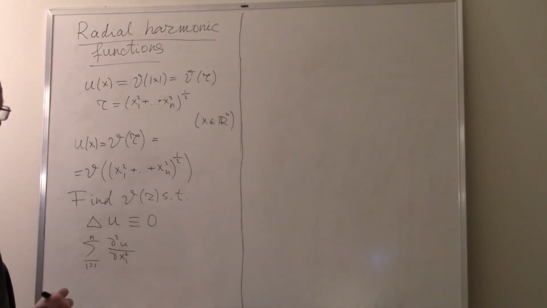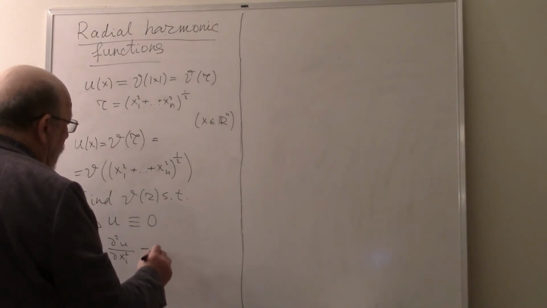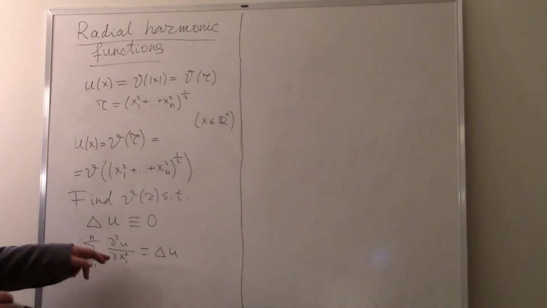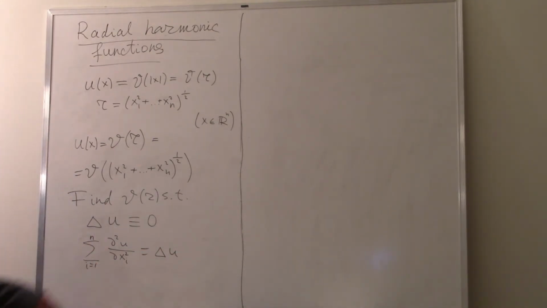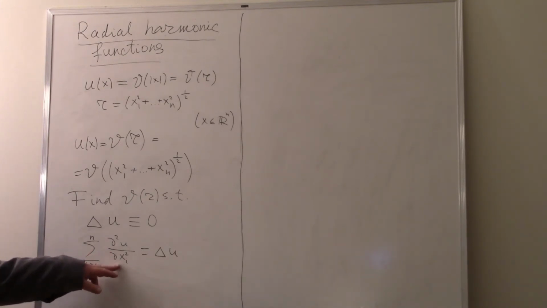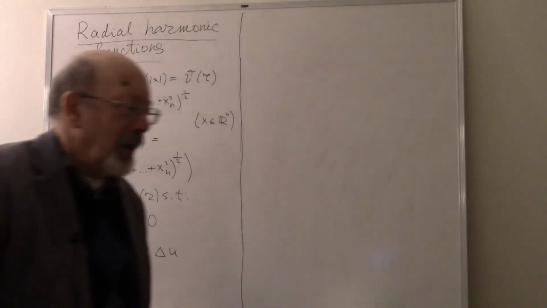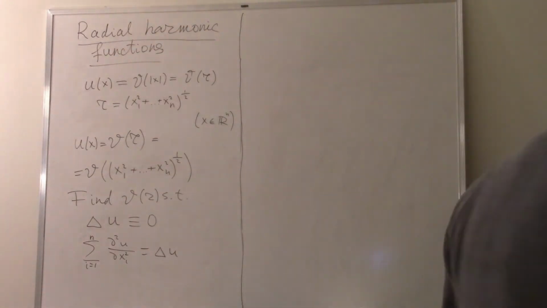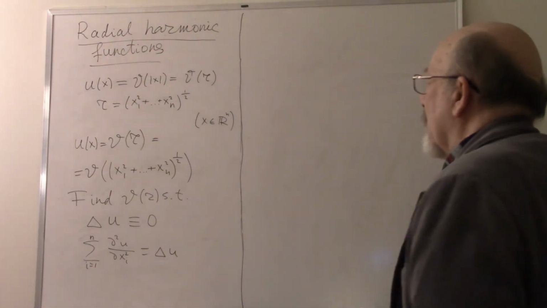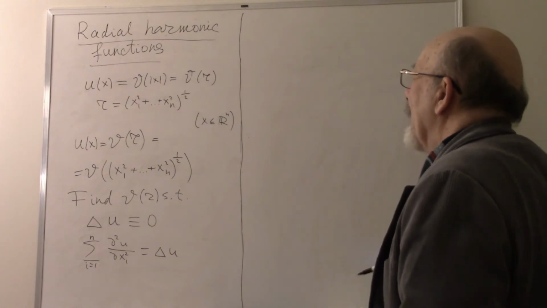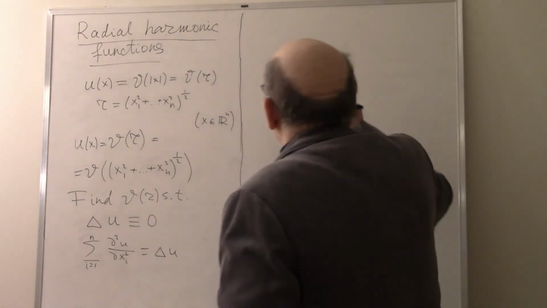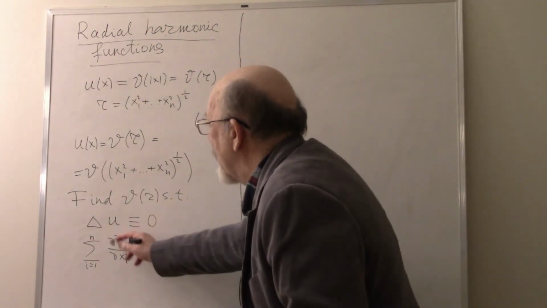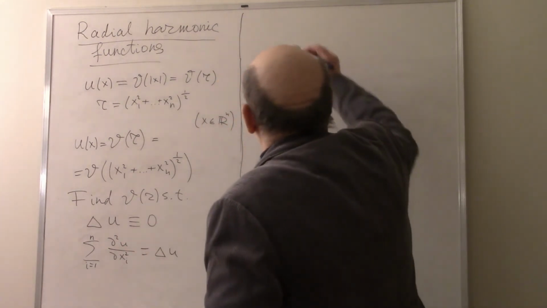Now here is the Laplacian of u. Here it is symmetric, all the xi play the same role, equal role. So I find it for one i, and then I use it for all i, and it will simplify the situation a little bit. So let me find one of these second derivatives.